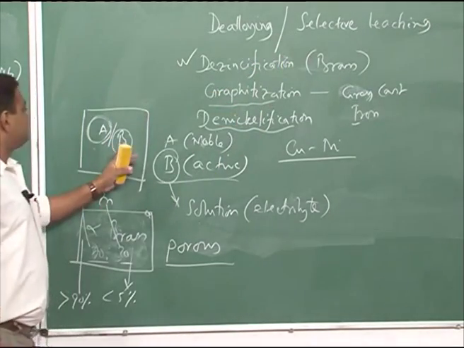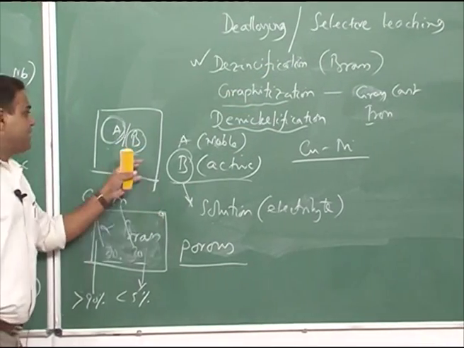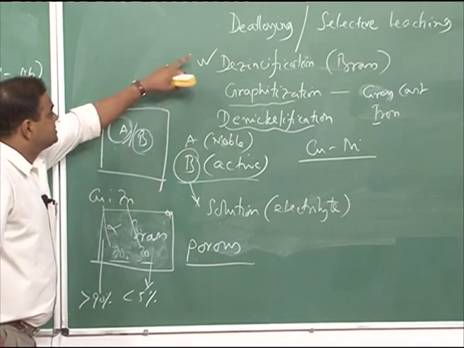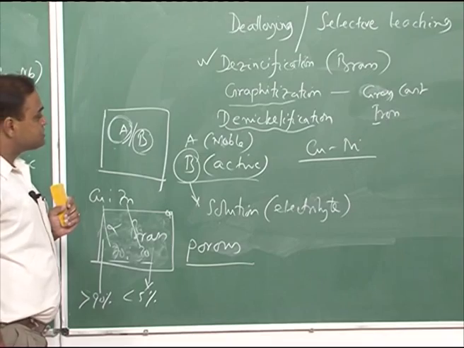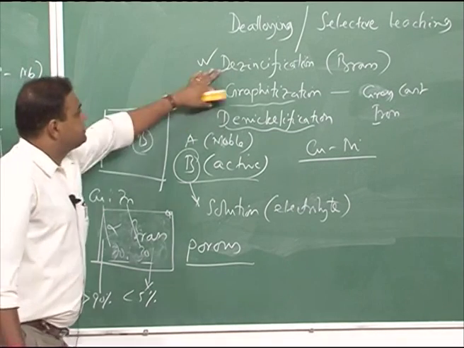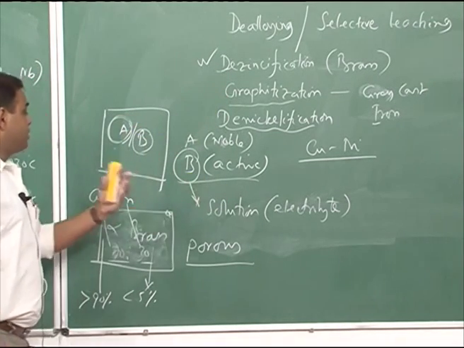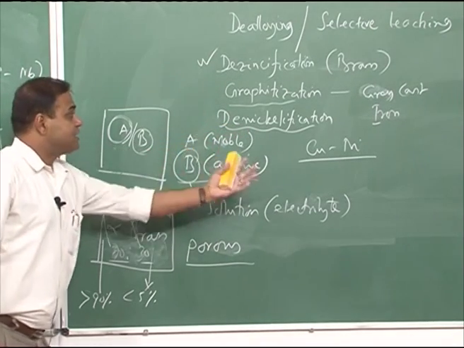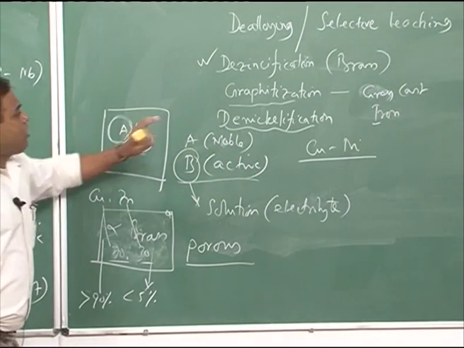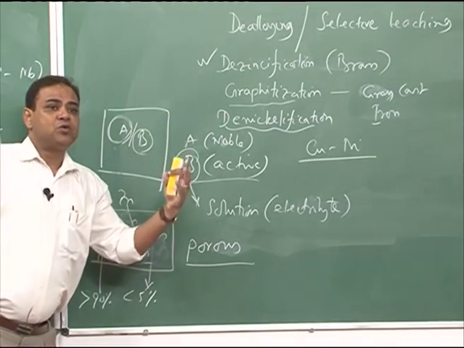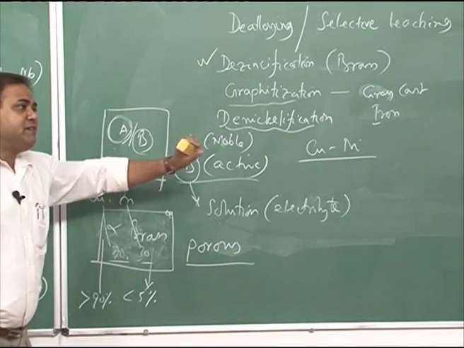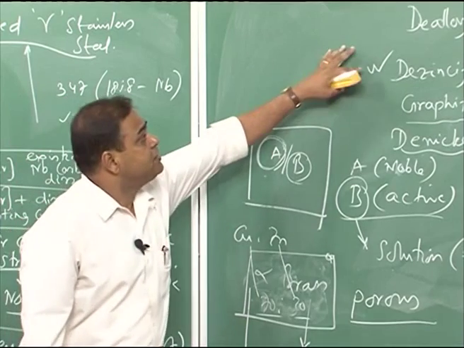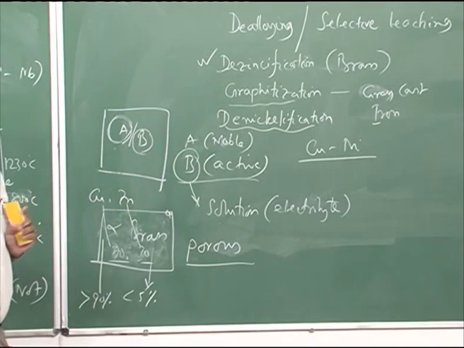That means one of the elements in the alloy is leached out because of this corrosion process: dezincification, zinc goes into solution preferentially; denickelification, nickel goes into solution preferentially; or graphitization, iron goes into solution preferentially, leaving the graphite flakes in the body. This is basically the dealloying or selective leaching.